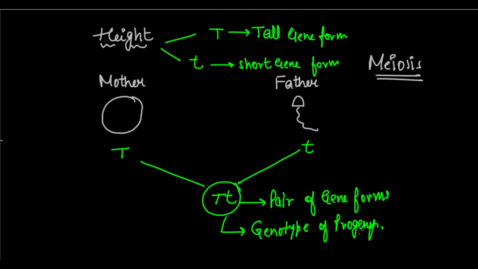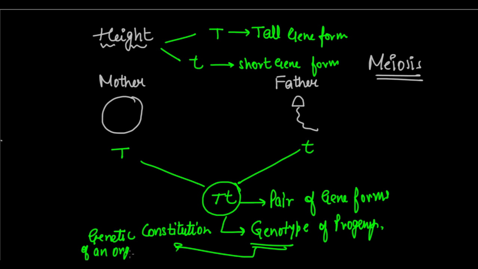Genotype is the genetic constitution of an organism with respect to a particular trait. That is called the genotype. So here it got one capital T gene form and one small t gene form, and got capital T small t as its genotype.